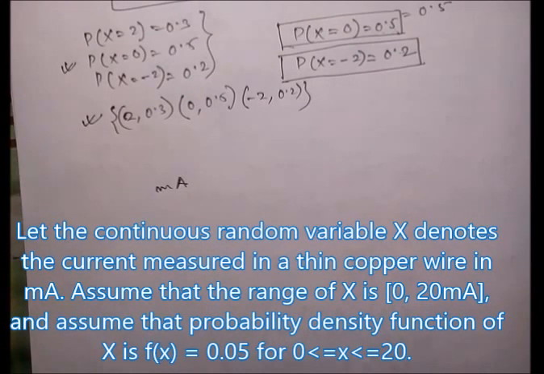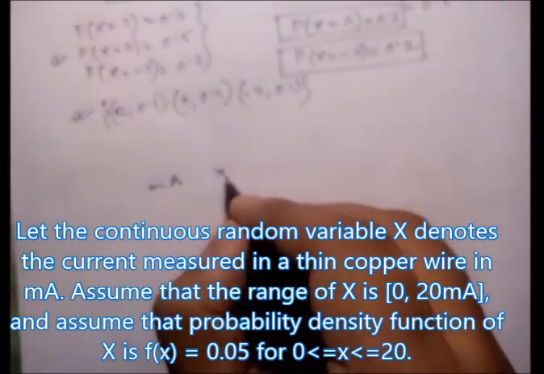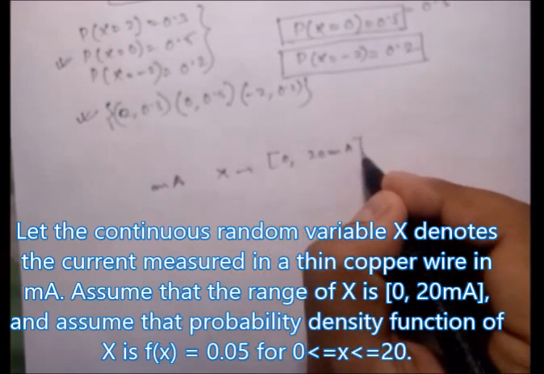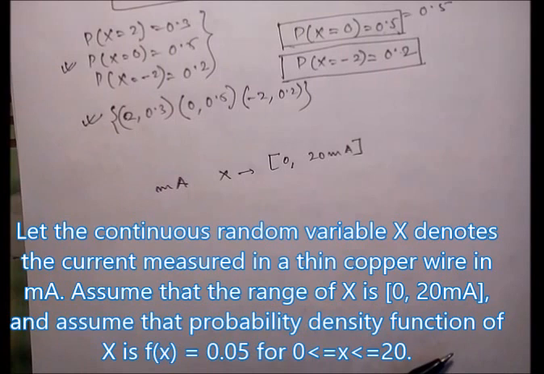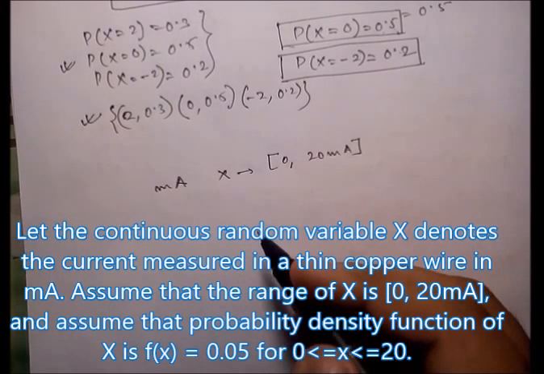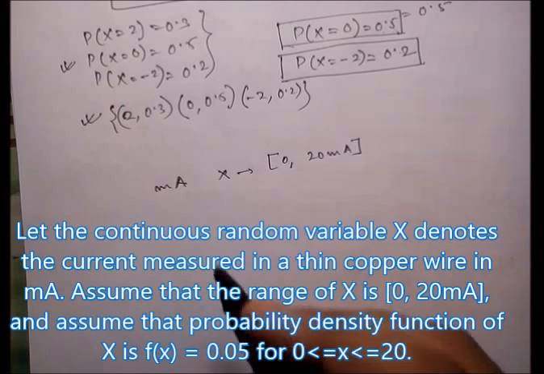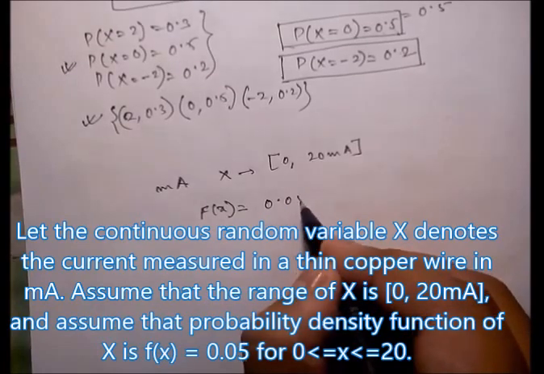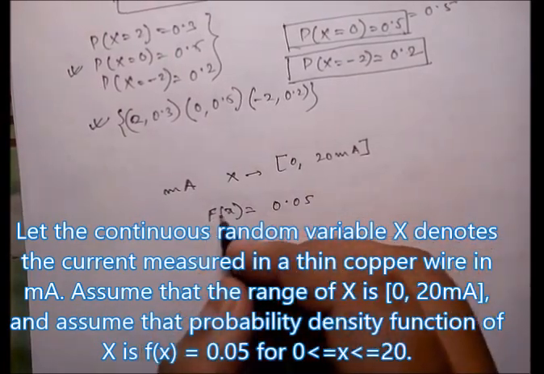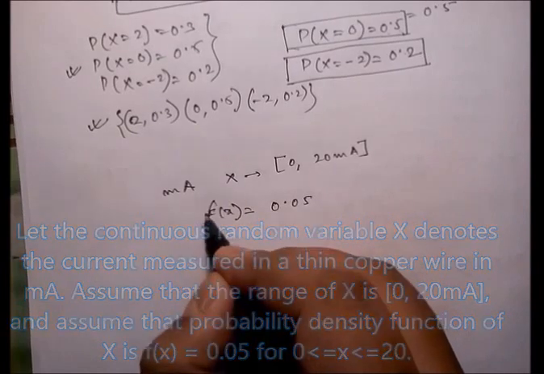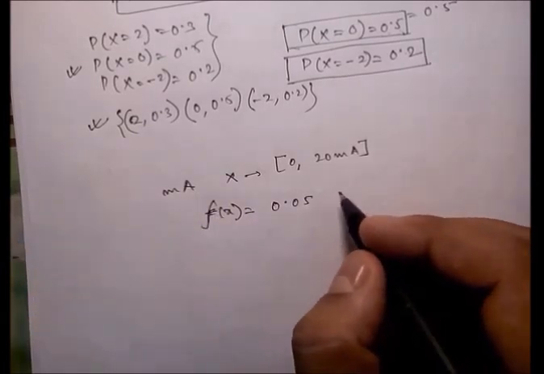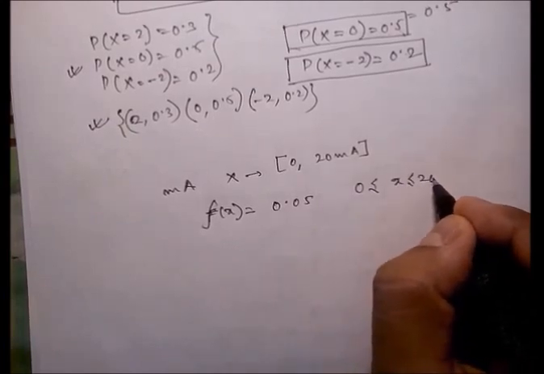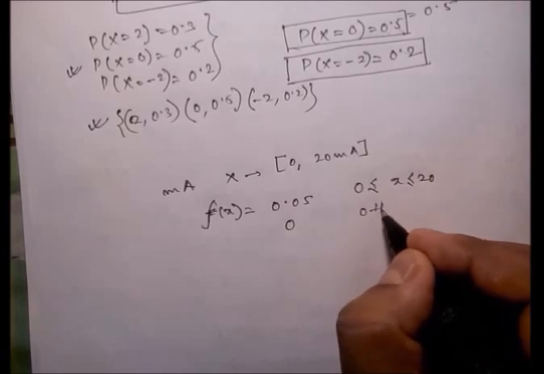Assume that the range of X is 0 to 20 milliamperes, and assume that the probability density function of X is 0.05. So f(x) is 0.05 if x is between 0 and 20, 0 otherwise.